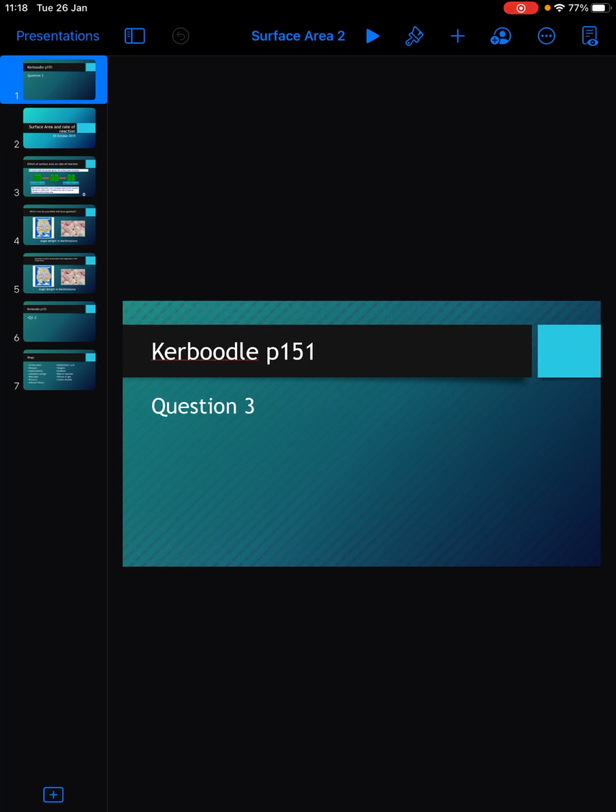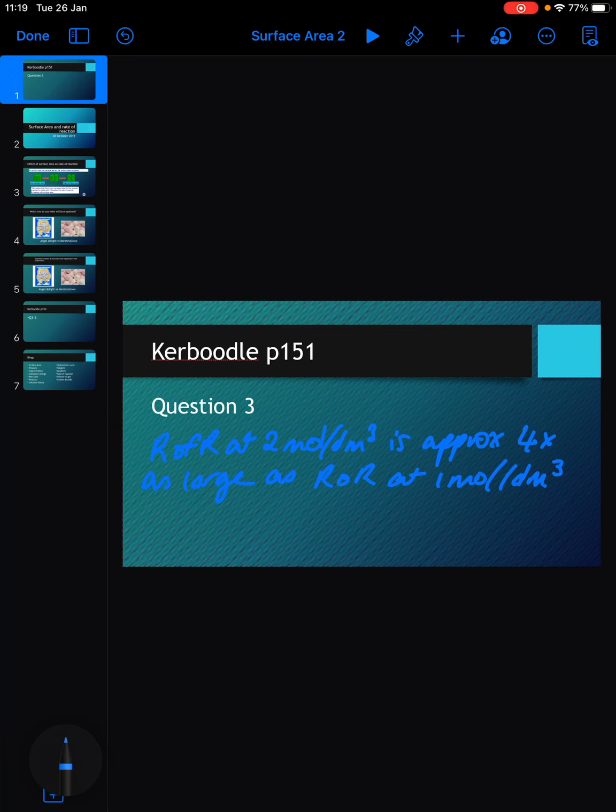Right. So, rate of reaction at 2 moles per decimeter cubed is approximately 4 times as large as the rate of reaction at 1 mole per decimeter cubed. Okay, so that's a headline figure. You'll notice I didn't just write what they were.